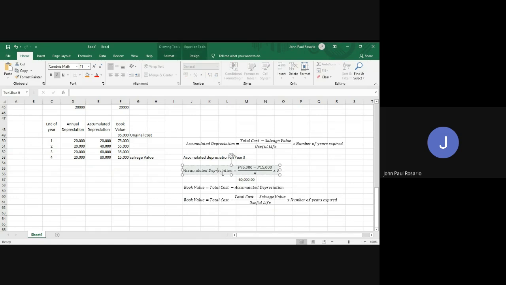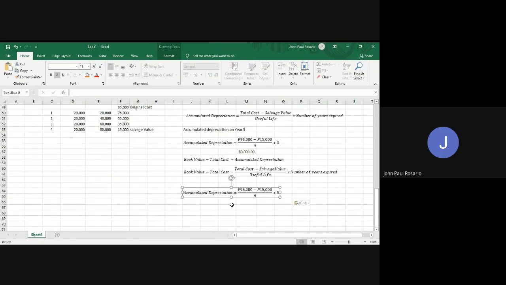So for that, if you want to solve it, then we'll get this. This is our original cost of 95,000, and we deduct from it this one.